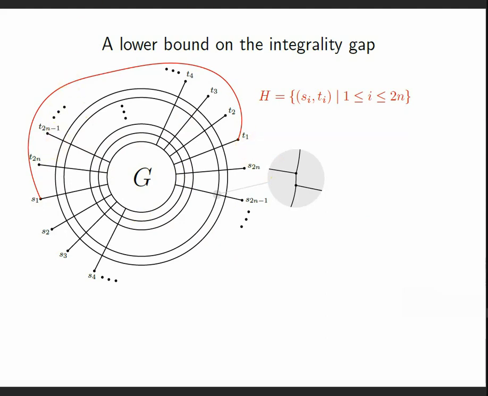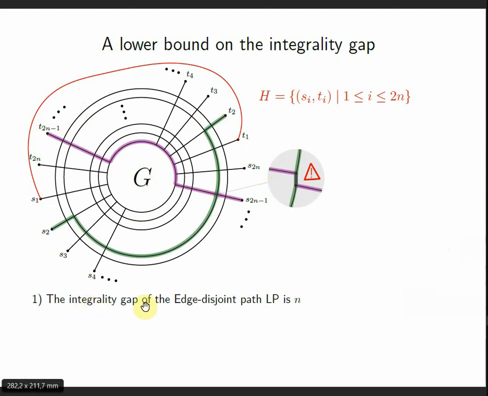This instance has several interesting properties. First, the integrality gap of the edge disjoint path is n. Indeed, any 2 cycles must share an edge. So the maximum integral solution has only one path.